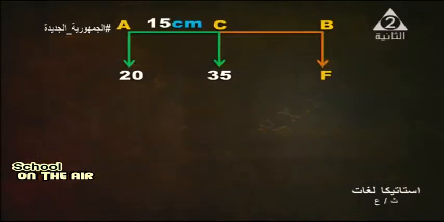Look, my dear student, the force 20 acts at the point A, and the resultant of the two forces 20 and F in the same direction is 35. The 35 acts at point C, and the distance between A and C equals 15 centimeter. The required AB equals what? Remember first, what is the value of the force F?